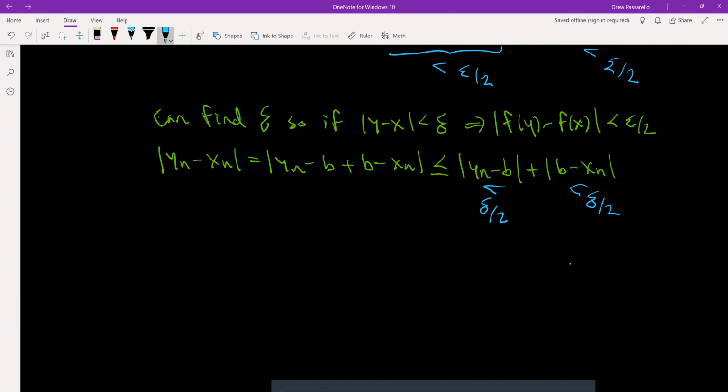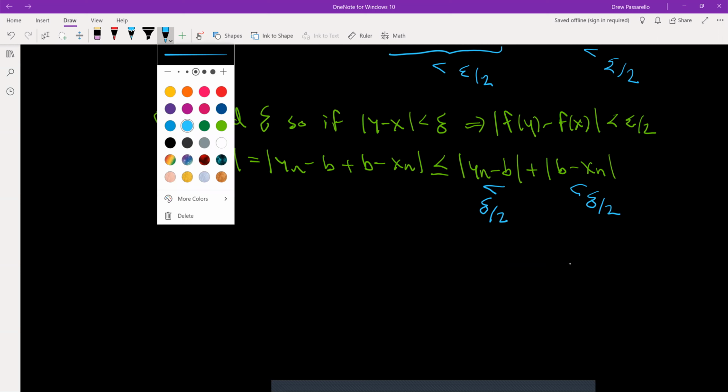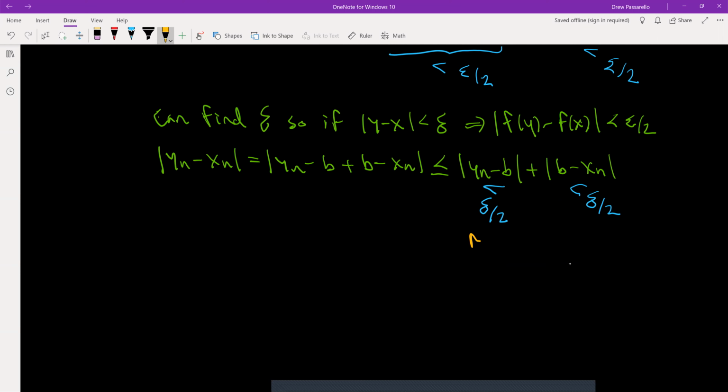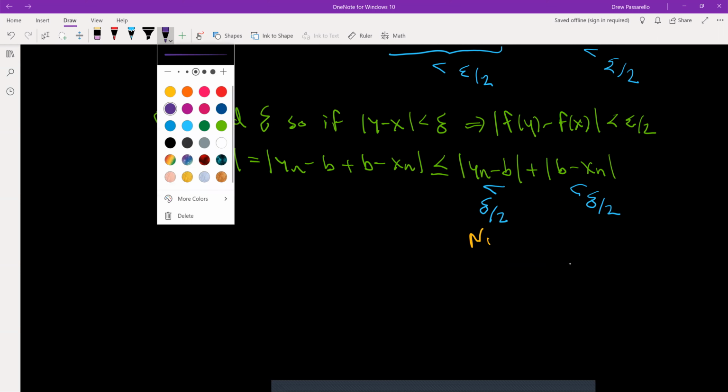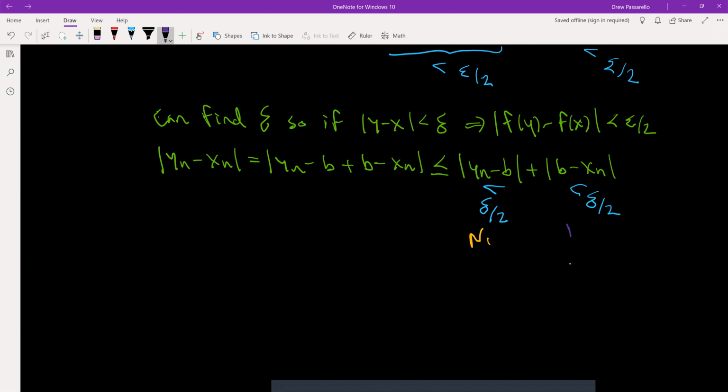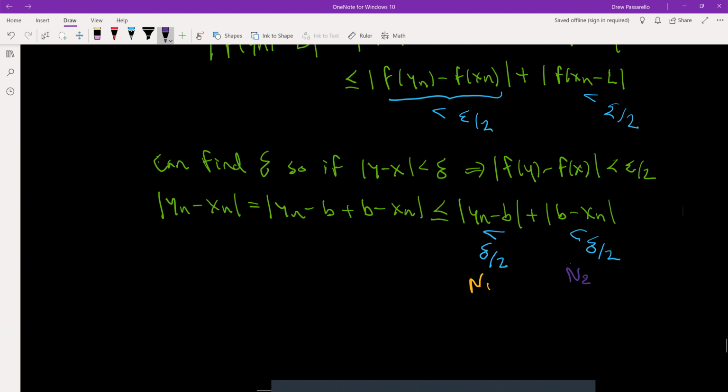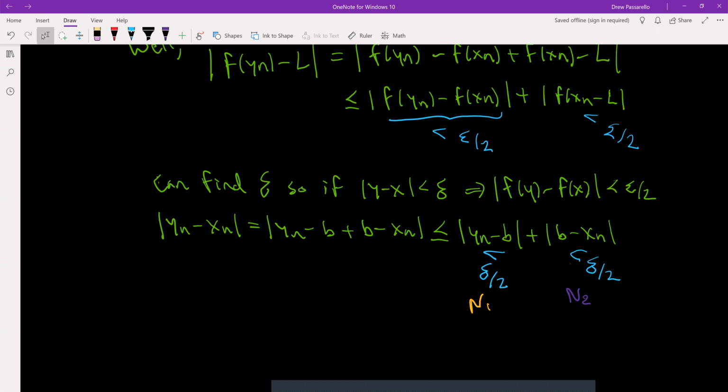So we need to find n1 for this one by using the fact that yn converges to b, and we need to find an n2 for this one, since we know xn converges to b. And if that's the case, then we could have this epsilon over 2.